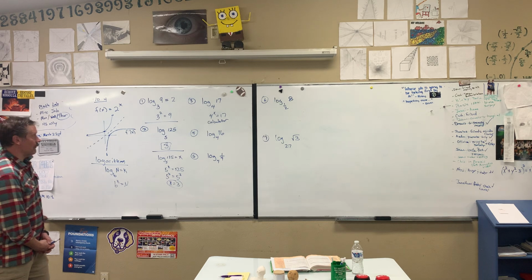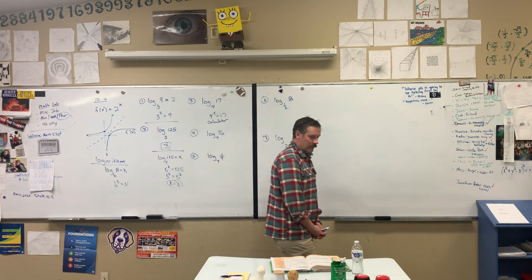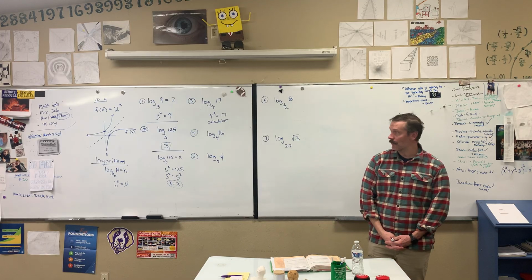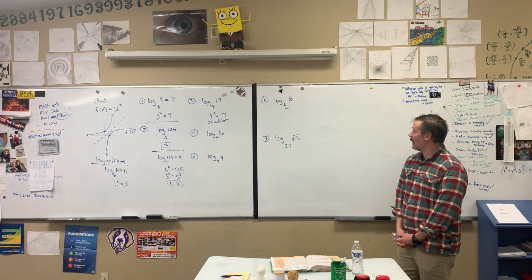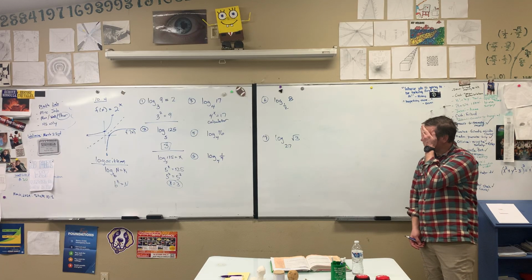So double check, we have 4, 5, 6, and 7. See if you can get those. Number 4 is hopefully pretty straightforward based off what we're learning. And then 5, 6, and 7.